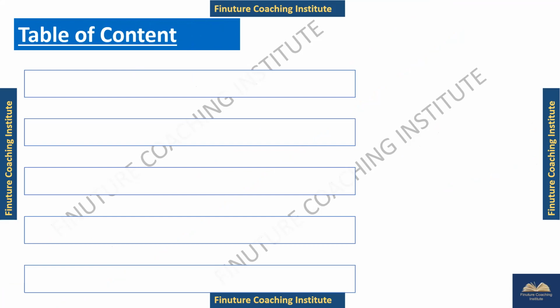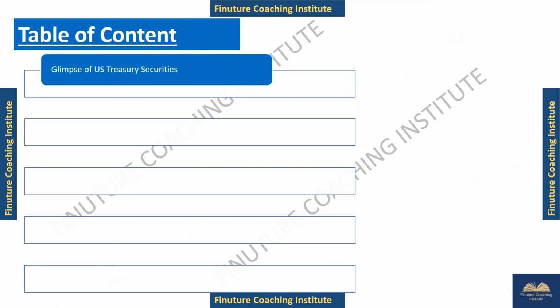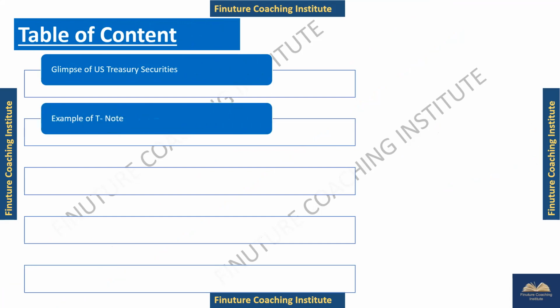Because the topic needs some basic understanding of some other topics as well, I have plotted a table of contents. So we will have a look at a high level overview of US Treasury securities. And then there are three types of treasury securities; we'll look at one of the examples out of them.